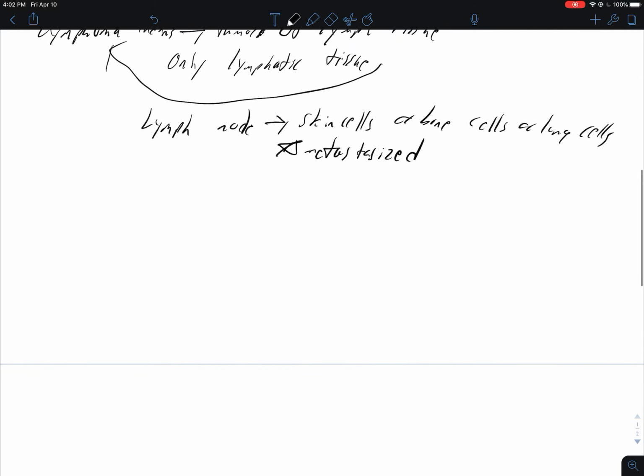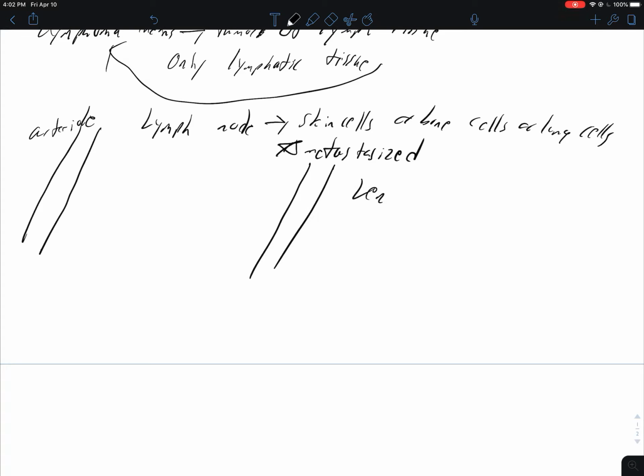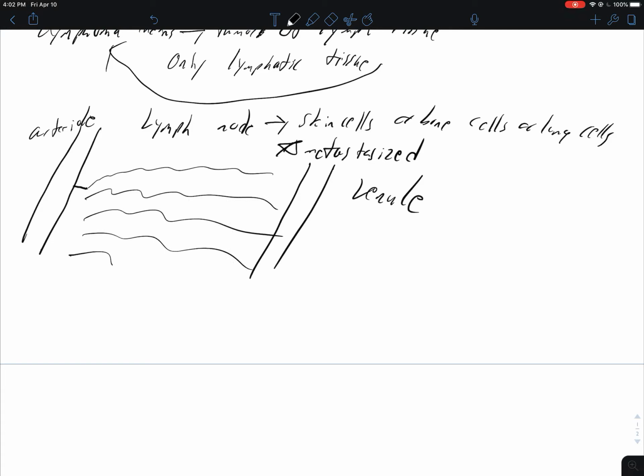Okay, second one. We had that image of an artery or an arteriole over here, and the venule over here, going into a capillary bed. That's a little bit more confusing than the way I had it.